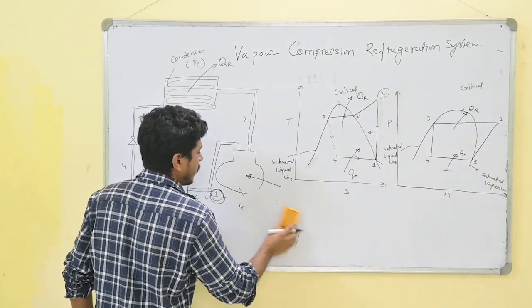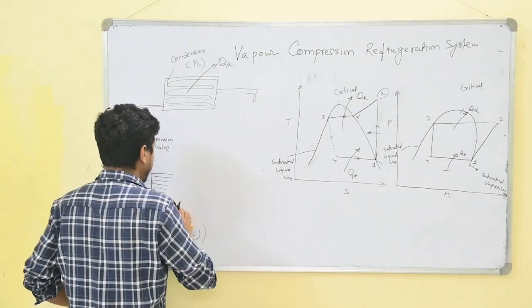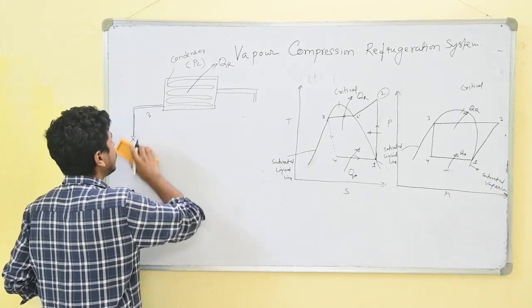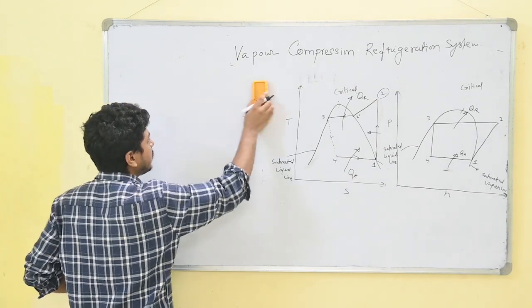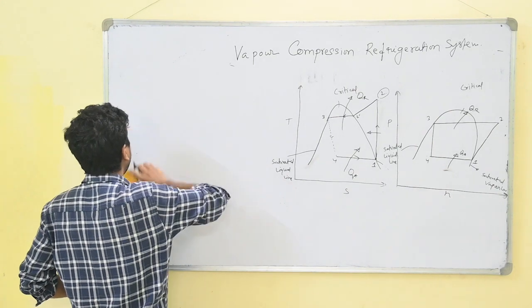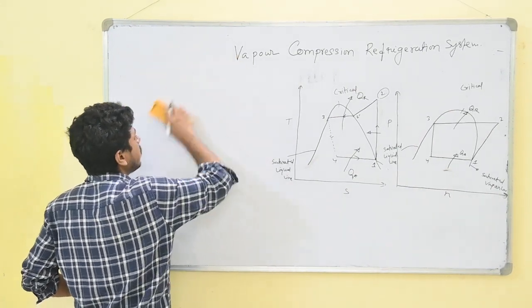Next, I will discuss from the TS and pH diagrams the coefficient of performance of the vapor compression refrigeration system and the required work input to continue this whole process.